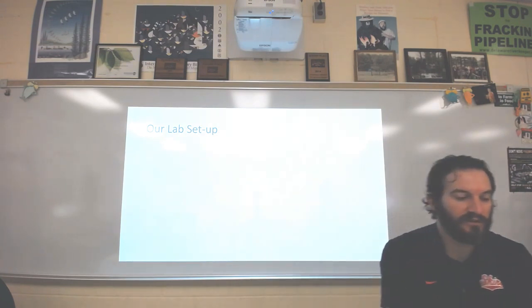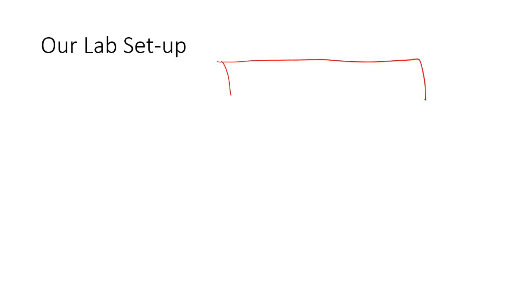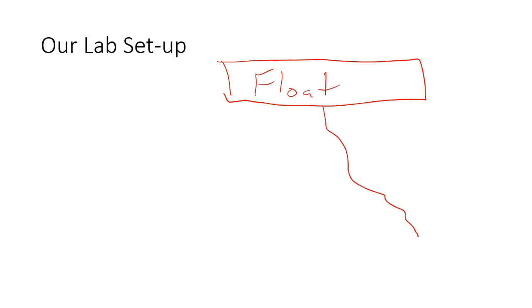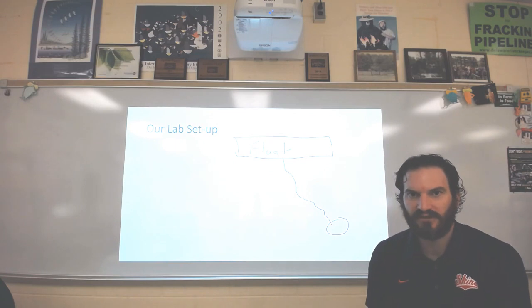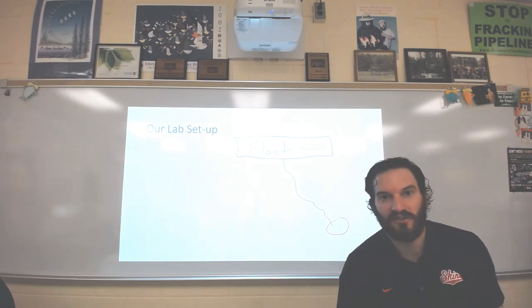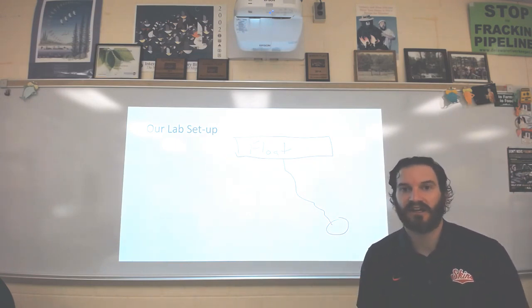Let me draw it out here. I'm going to build my float at the top. So that's my float. And it's going to have an anchor that comes off of it, and that's that heavy weight. That's just designed to stop it from washing away and keep it staying where I put it. Right? So that has nothing to do with the experiment, just the setup of the experiment.